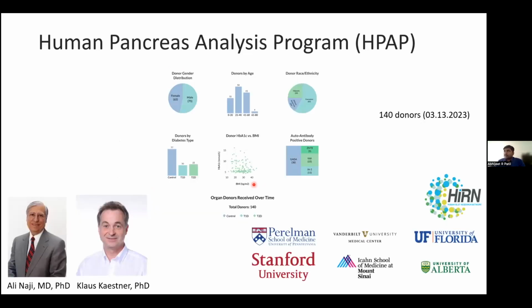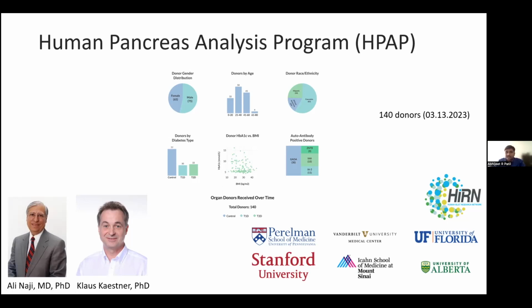To address some of these major constraints, there is a program called HPAP. The HPAP program, which is part of the Human Islet Research Network, is responsible for performing deep phenotyping of the human endocrine pancreas to better understand the cellular and molecular events that precede and lead to beta cell loss and dysfunction in type 1 diabetes and type 2 diabetes.